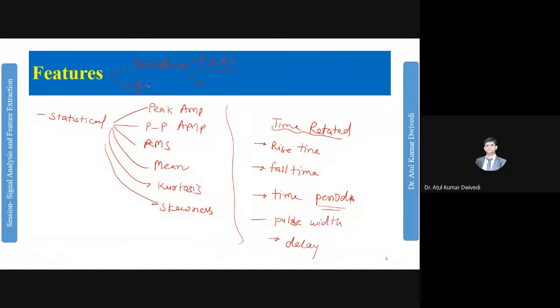General features can be statistical features, these can be time related features, and these can be some performance related features like signal to noise ratio, total harmonic distortion, like that. So some performance related parameters can also work as features, and these are all the time related features. So similarly, frequency related features. Features can be in the frequency domain also.